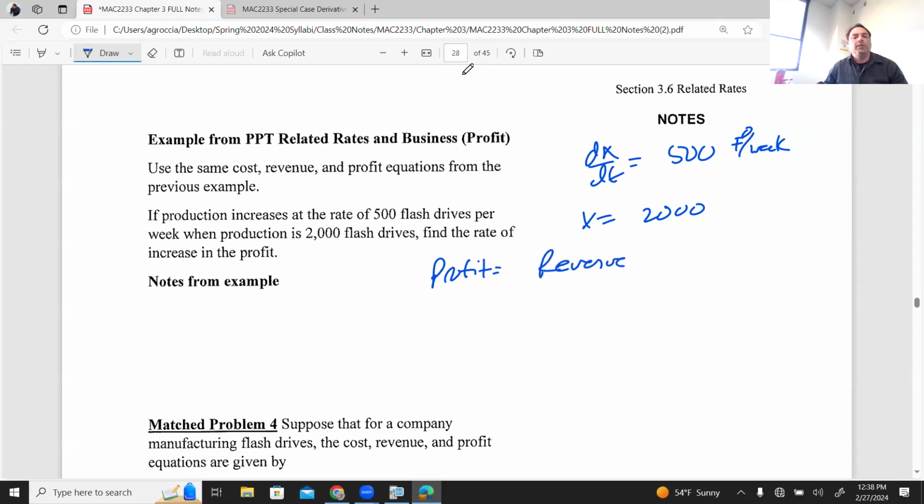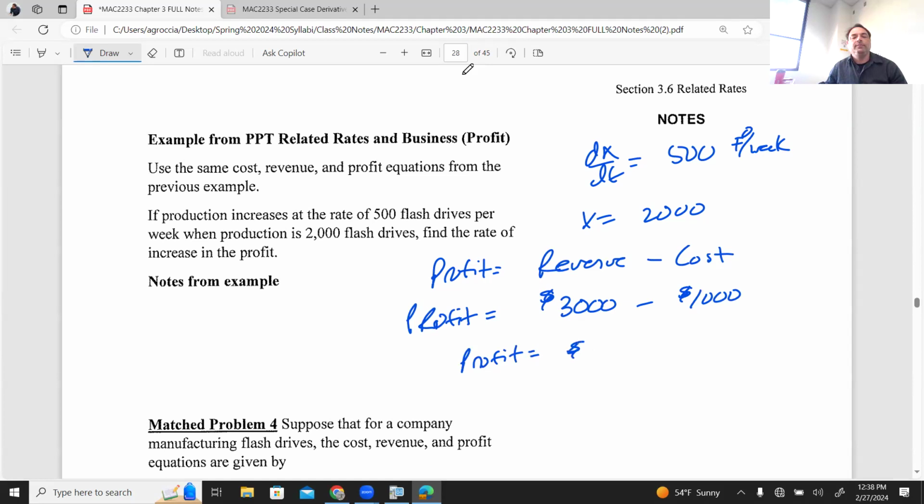Revenue minus cost. Okay. What was the rate of change for revenue? $3,000. What was the rate of change of cost? $1,000. What's the rate of change of profit? $2,000.